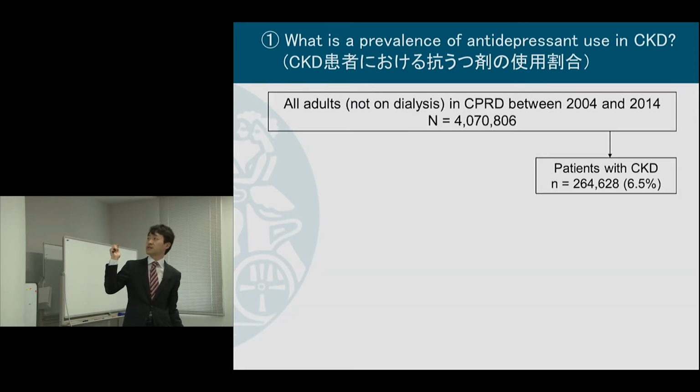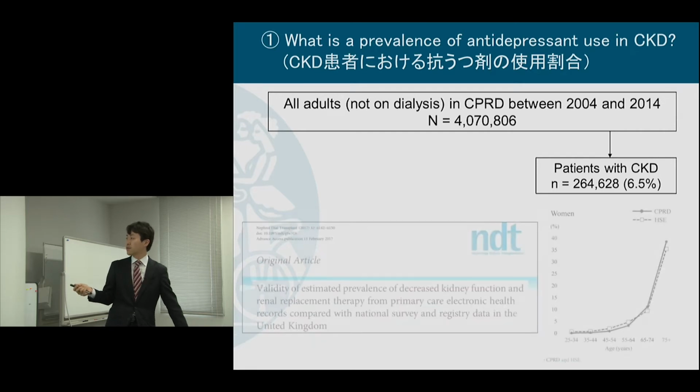Okay, as such, among 4 million patients registered in CPRD between 2004 and 2014, aged 18 or older, I identified 260,000 patients with CKD stages 3 to 5, accounting for 6.5% of the general population.